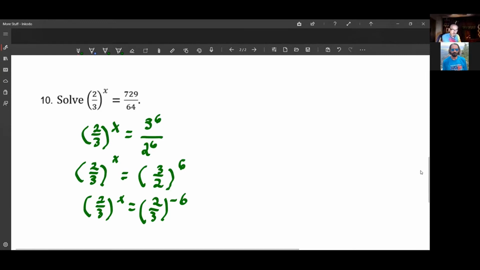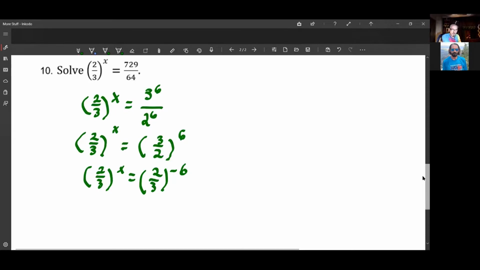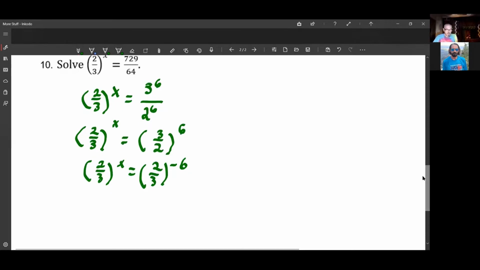Y equals 2/3, all of that to the x, is a 1 to 1 function, and so equal outputs must track back to the same input. And we have that x equals -6.